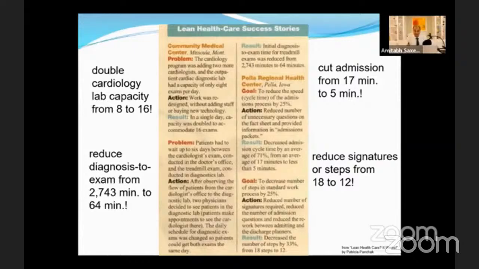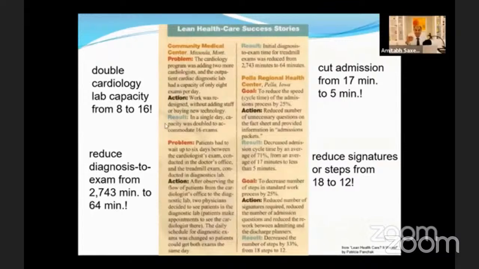Now patients make appointments to see the cardiologist there, and the daily schedule for diagnostic exams was changed so that the patients could get both exams done on the same day. So you are keeping in mind the convenience of the customers. Your process is patient-centric.